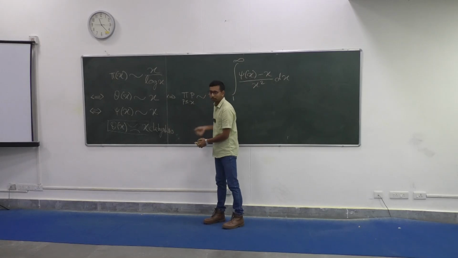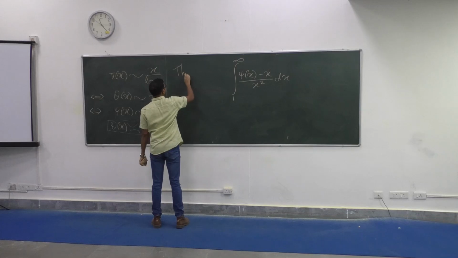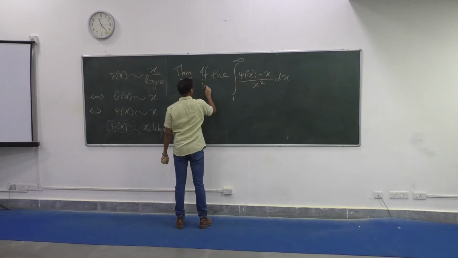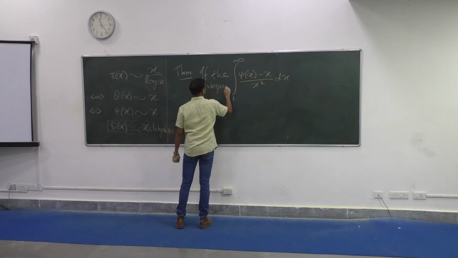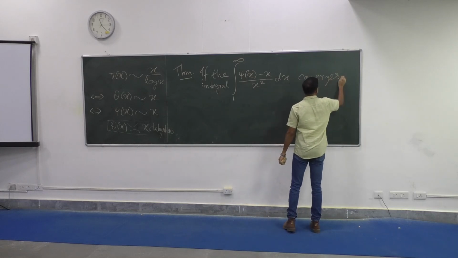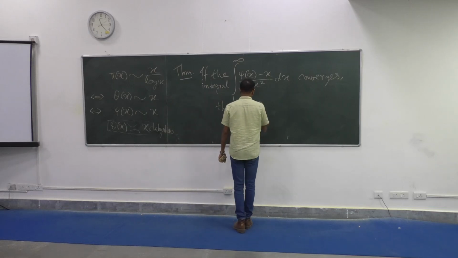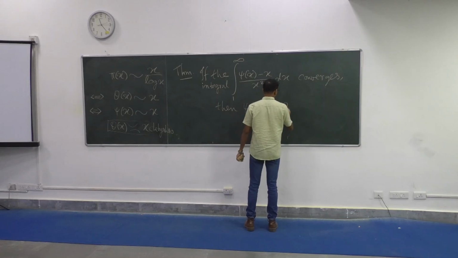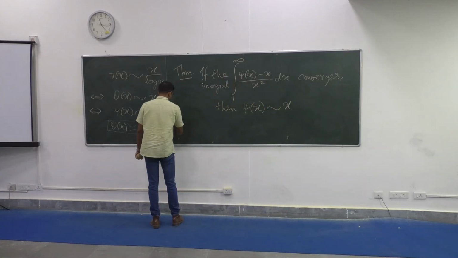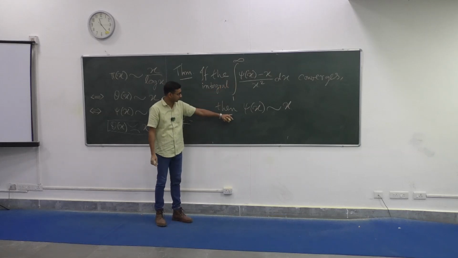Let's make a contradiction. The statement that we are trying to prove is that if the integral converges, then psi x is asymptotic to x. So we are assuming this and we are assuming this is not true.